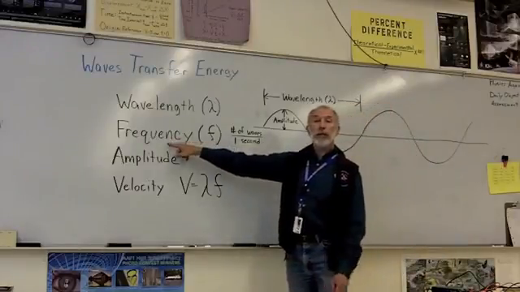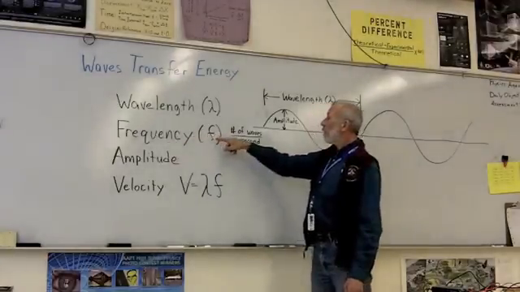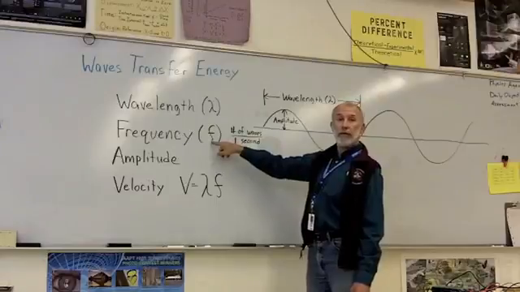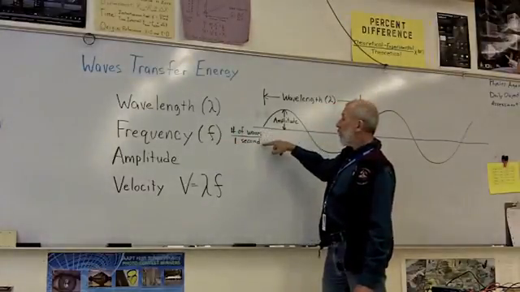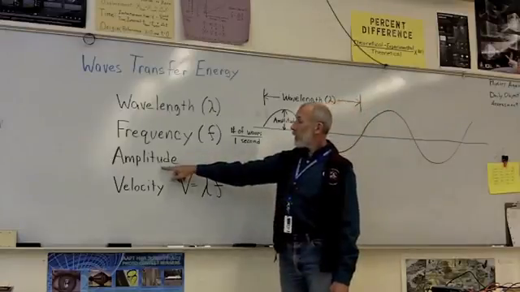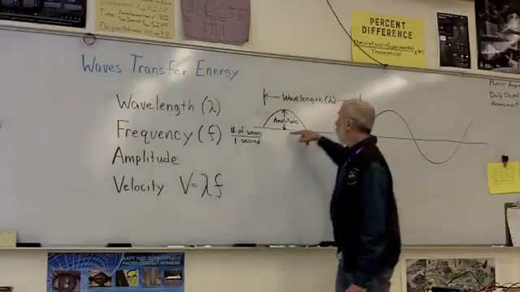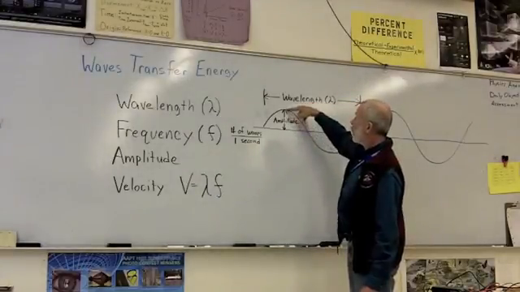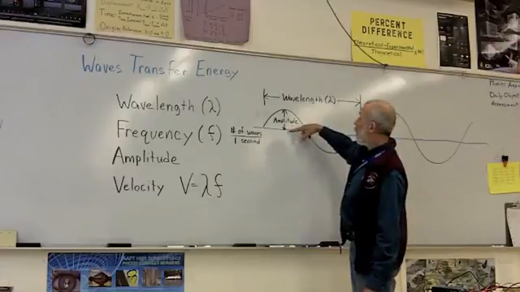The frequency is how often the wave repeats itself. We use a small f to represent it, and it's the number of waves in 1 second. Amplitude is the height of the wave, how high it is relative to the average height of the wave.